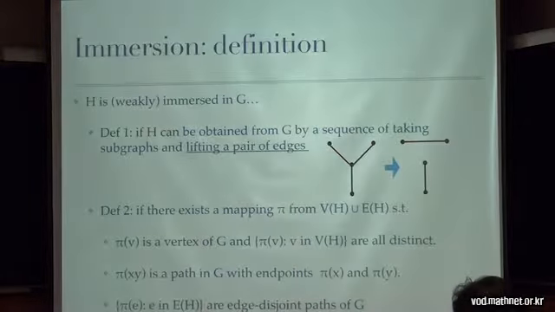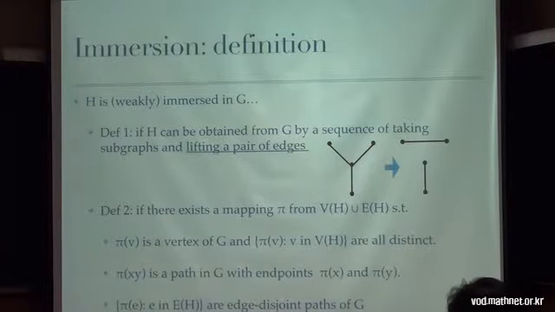So let me first introduce some definitions. Immersion. I just introduce immersion, but it's not directly relevant to understand the definition of tree-cut width and tree-cut decomposition. But it's good to know because it's a useful graph operation.